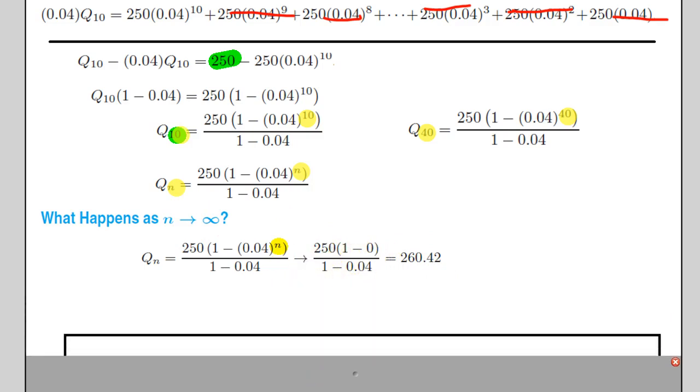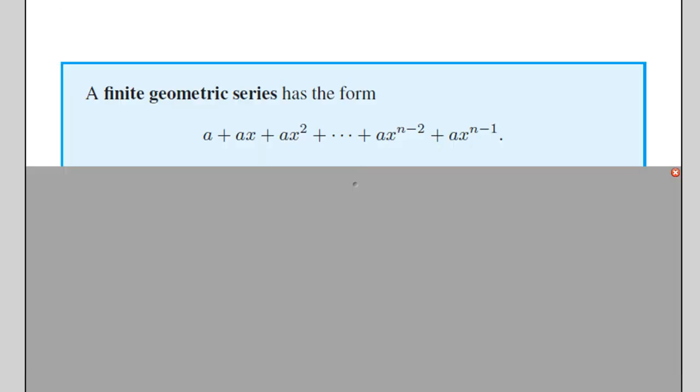Okay, so let's just generalize this. We talked about a geometric series here. Well, this is a geometric series, and the reason why is because each term in the sequence is being multiplied by the same number, which ended up being our common ratio, which was x. And we do have a beginning term, and a represents the initial term.